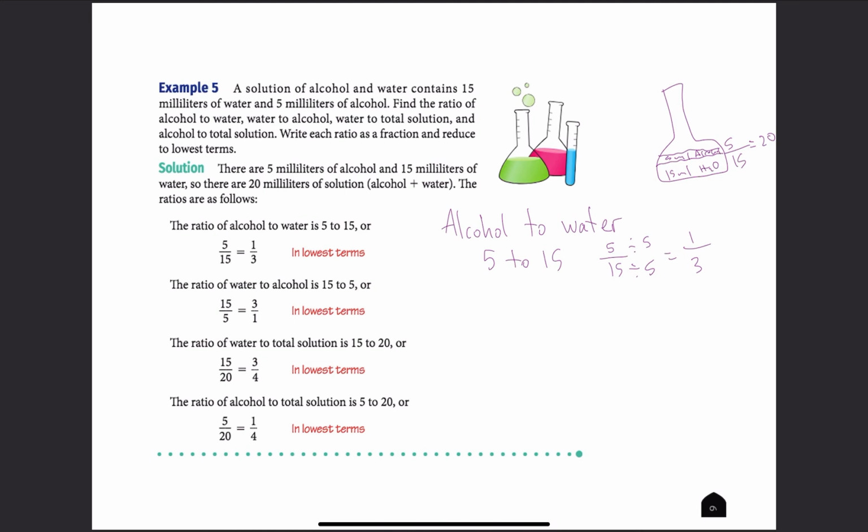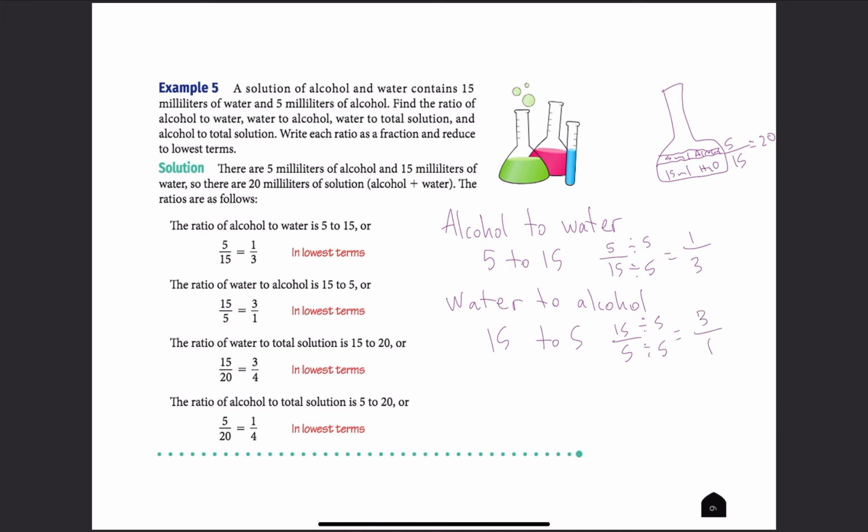Then look at the next one. The next one is the reverse. We want to compare water to alcohol. So instead of 5 to 15, we're comparing 15 mils to 5 mils. So it's 15 over 5. And when we reduce that, we get 3 over 1.